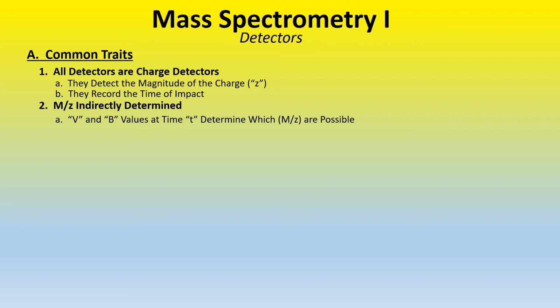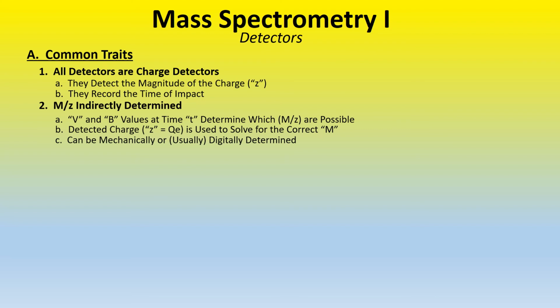So by changing the fields, you know what could get through, M over Z. By detecting the magnitude of Z, one can therefore find which mass is responsible for the signal. This can be done electromechanically, or these days usually digitally, on a computer.